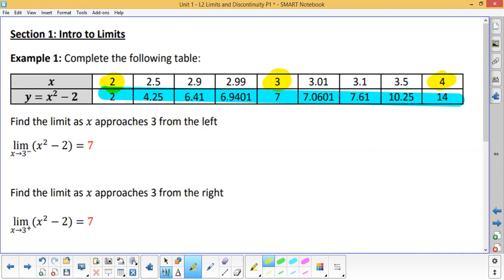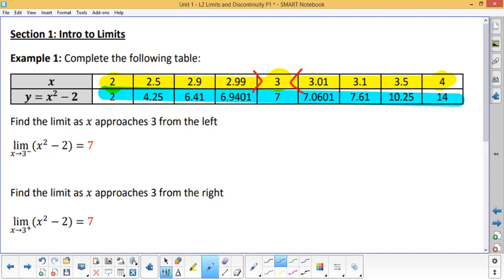and then I have all these random little decimal places in between. And that's because I want to see that as I approach x is equal to 3 from the left, what is happening with our y values? And similarly, if I approach x is equal to 3 from the right, what is happening to our y values here?